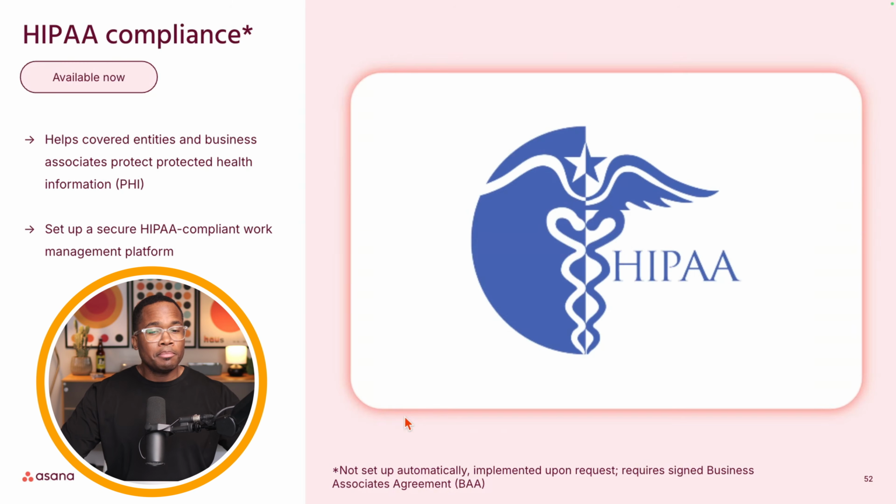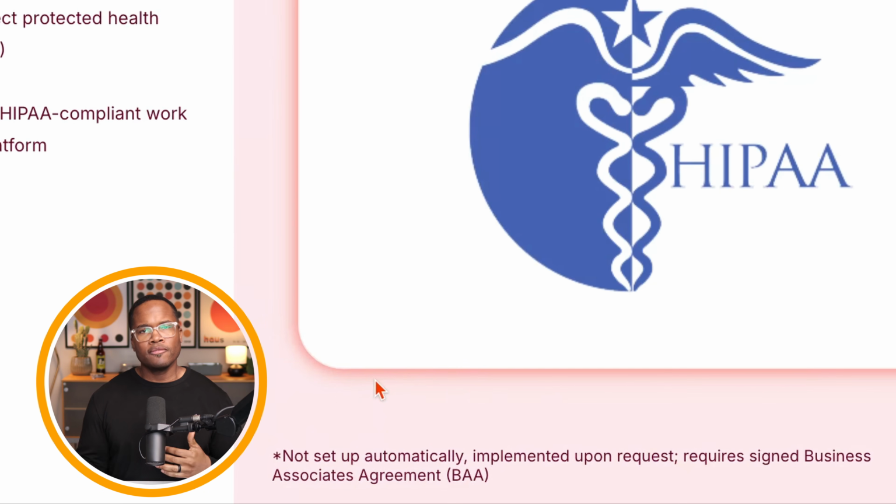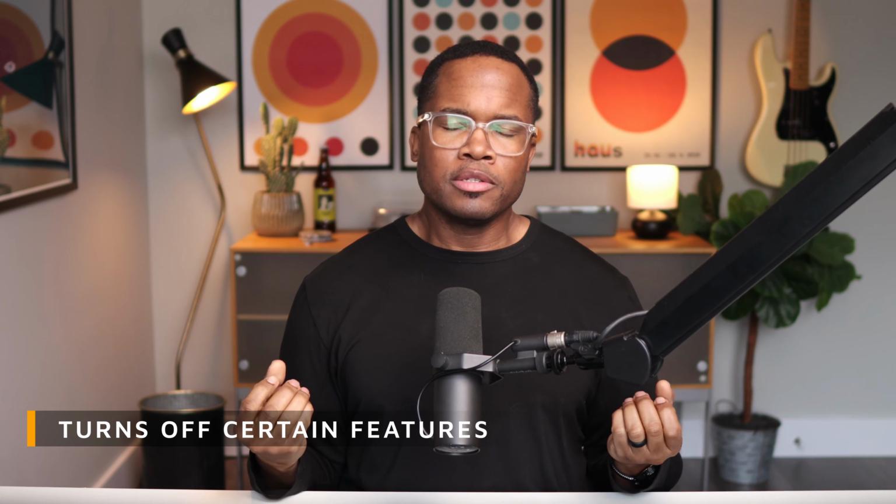Asana is also HIPAA compliant. I will let you know this is an add-on to Asana. And so you'd be paying an additional amount per user that would be accessing health or insurance information. It is compliance ready, but you would need to request that add-on and then give in a quote for what it would look like to add that number of users for HIPAA. What HIPAA does when it's turned on is it turns off certain features by default.